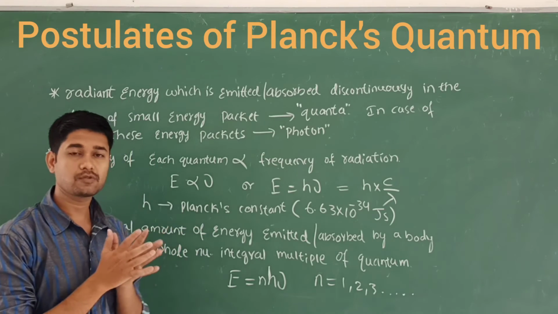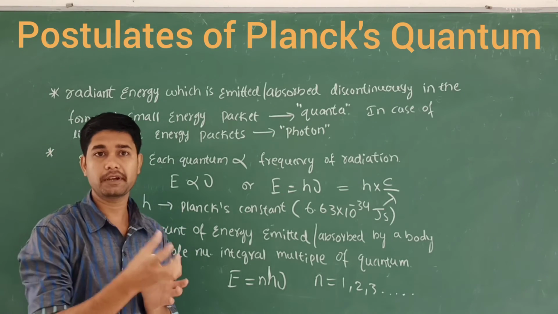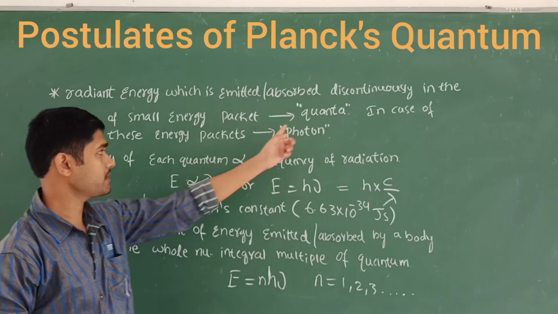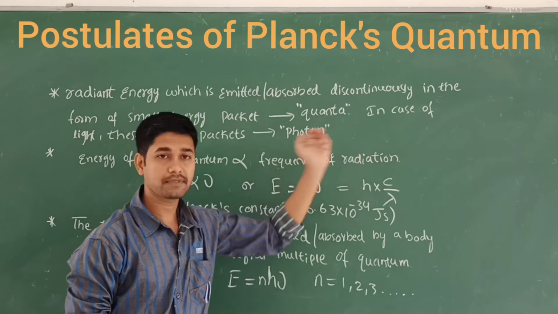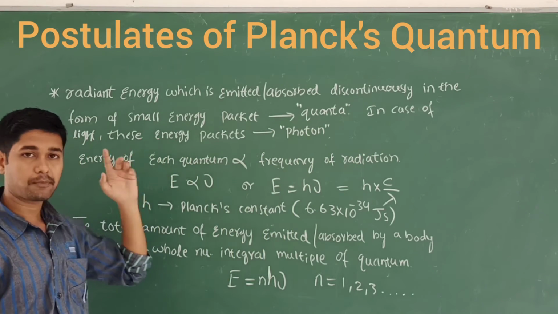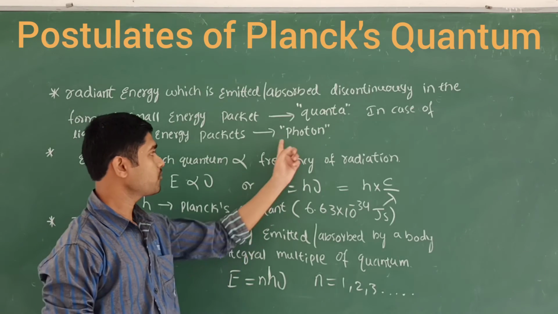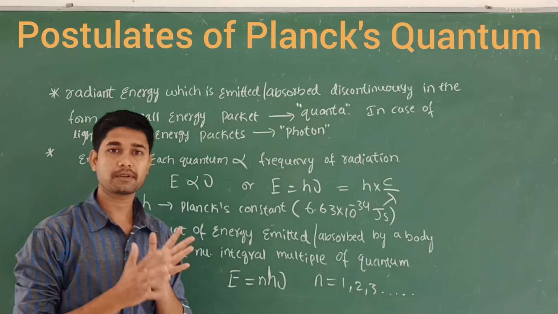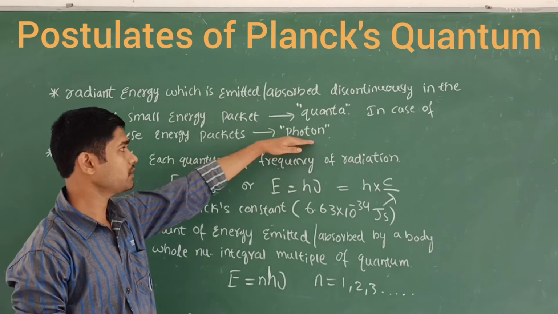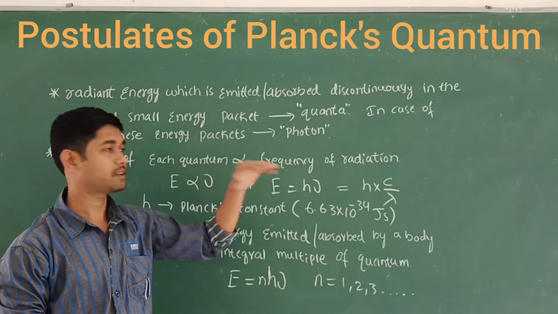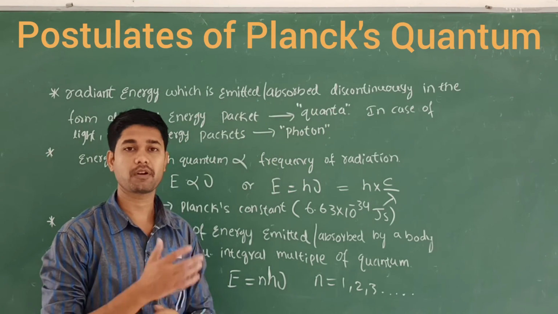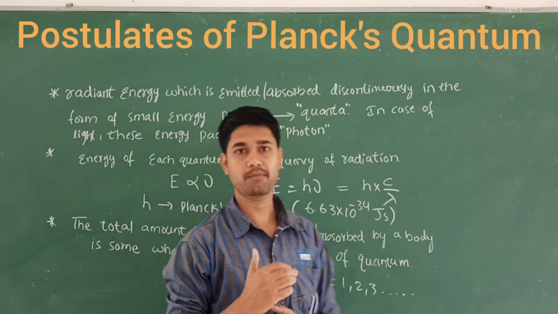That energy is calculated as one unit of that packet, called a quantum. In the case of light, the energy packet is called the photon. When you discuss the wave nature, it is called the quantum. So this is the first postulate.